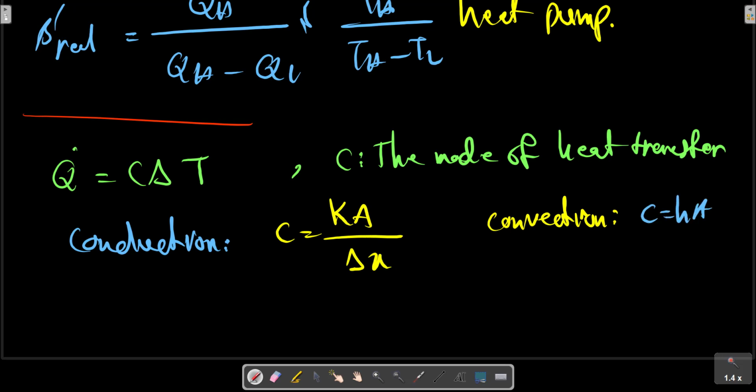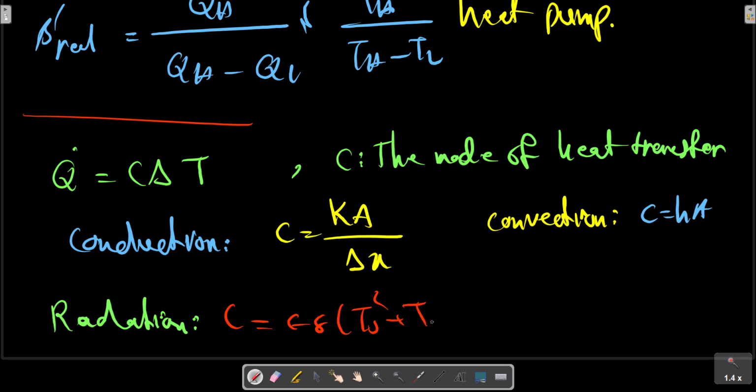And radiation: C equals epsilon sigma A times a temperature factor involving T infinity.